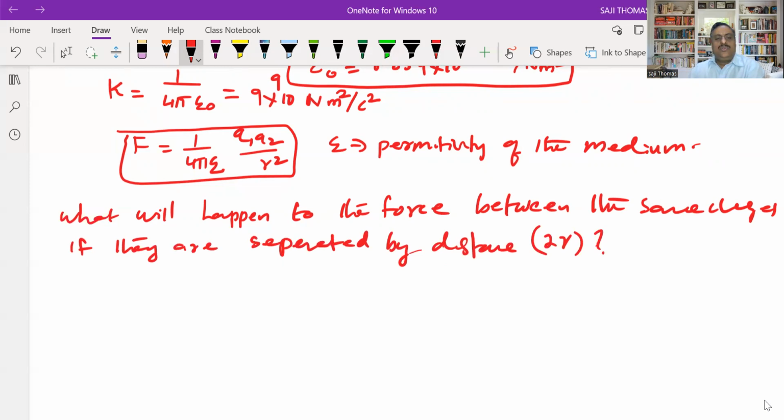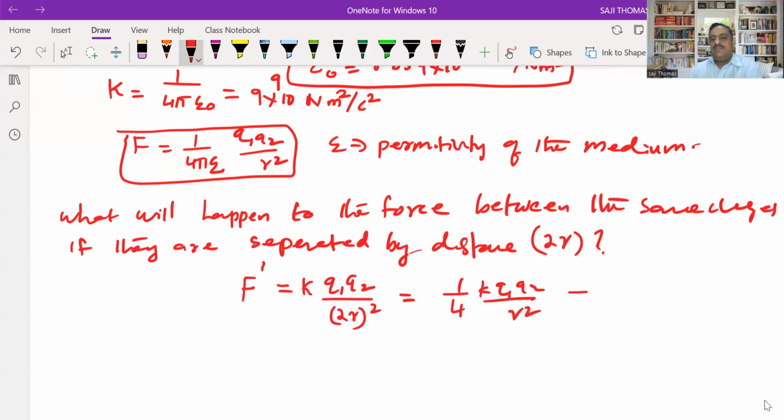Okay, so now the new force I am writing F dash. F dash is K into Q1, Q2, the same. R becomes 2R the whole square. That will be 1 by 4 into K Q1, Q2 by R square. That will be F by 4. So now the new force becomes F by 4.